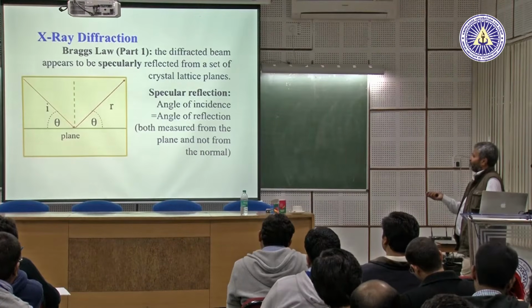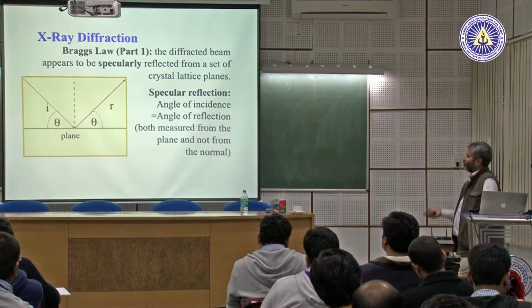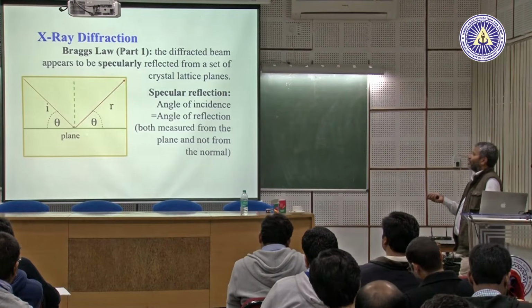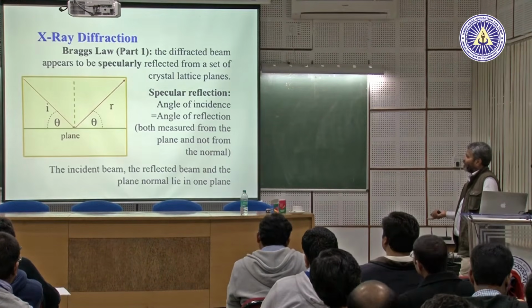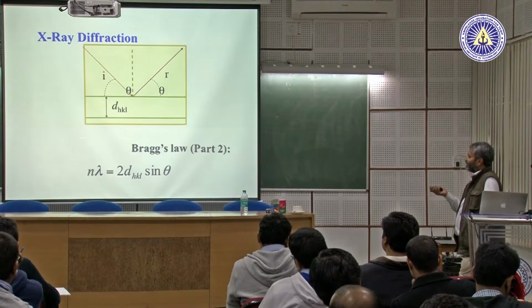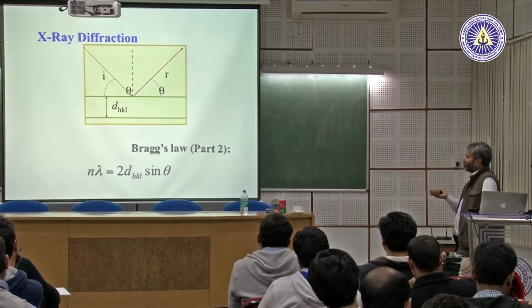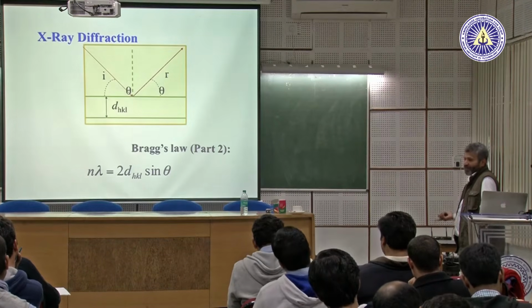Once you accept that the diffracted beam is a reflection from the plane, what will be the relation of the wavelength, theta and the d spacing? That is the second part of Bragg's law, which can be written as n lambda equals 2d sin theta.